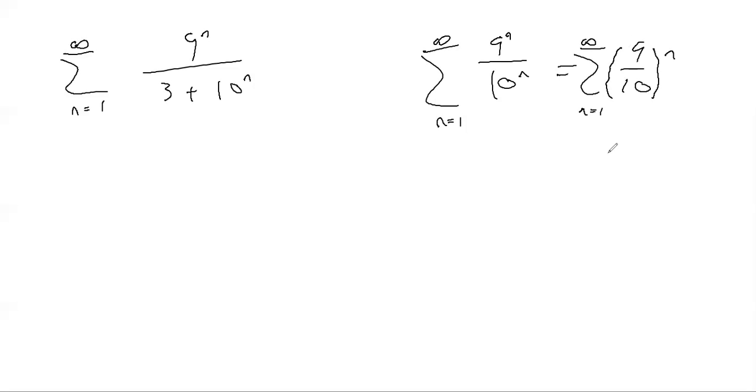Now maybe this is clear. This is a geometric series. And let's see, our ratio, our r term is 9 over 10. That's less than 1. So this is convergent by, we could call it, geometric series test.